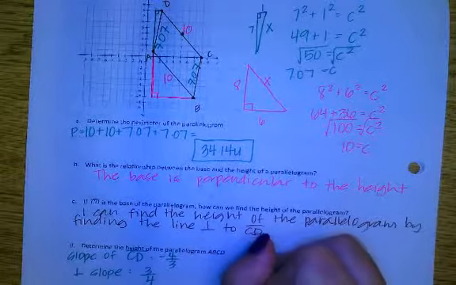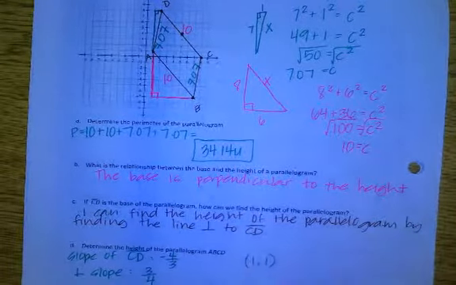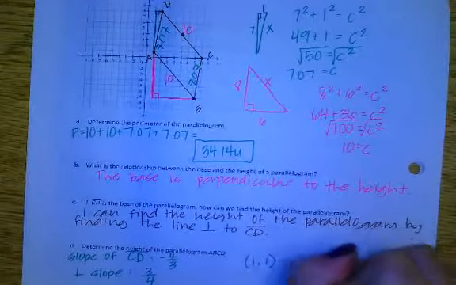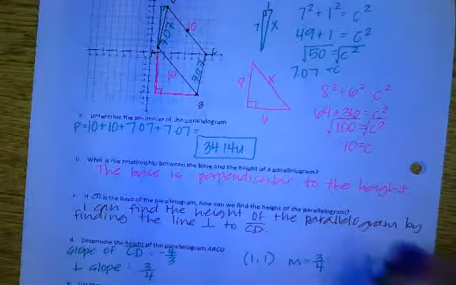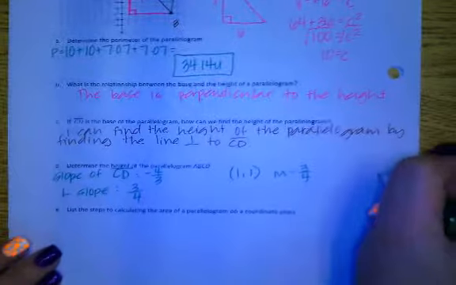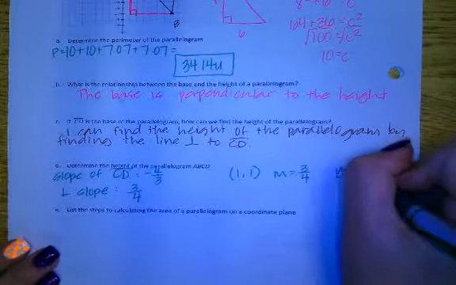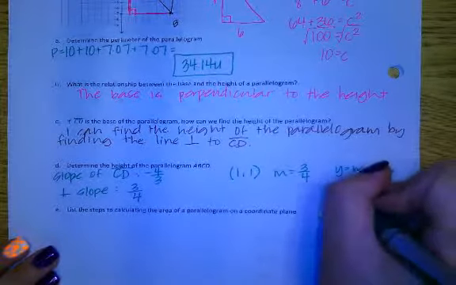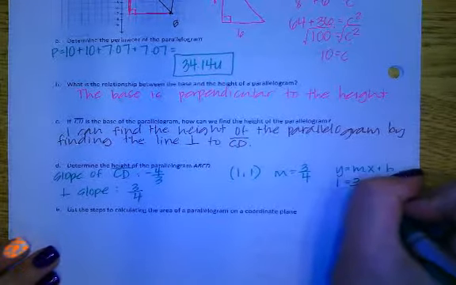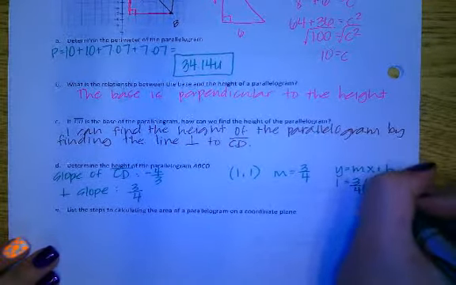So the point A is at 1, 1, and my slope is 3/4. Okay, so if I plug that into y equals mx plus b, y is 1, my slope is 3/4, x is 1, plus b.